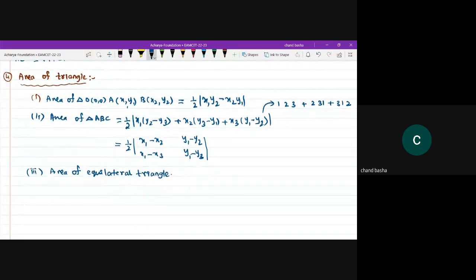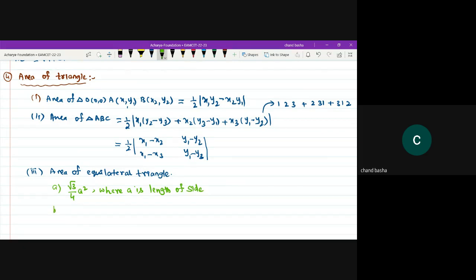Under this, point A, area of equilateral triangle is root 3 by 4 a square, where a is the length of the side.